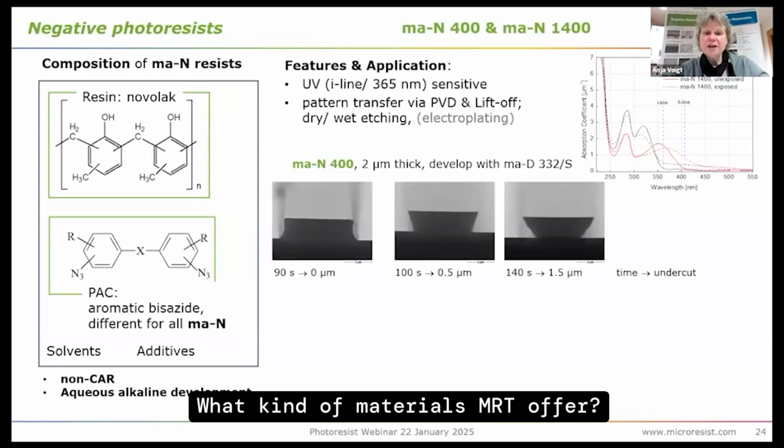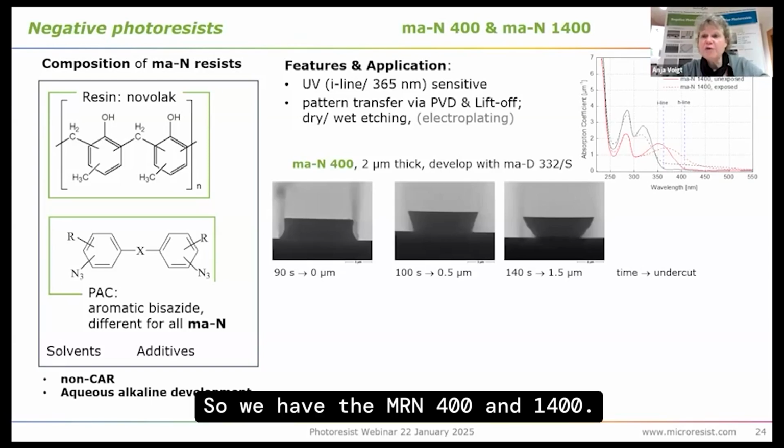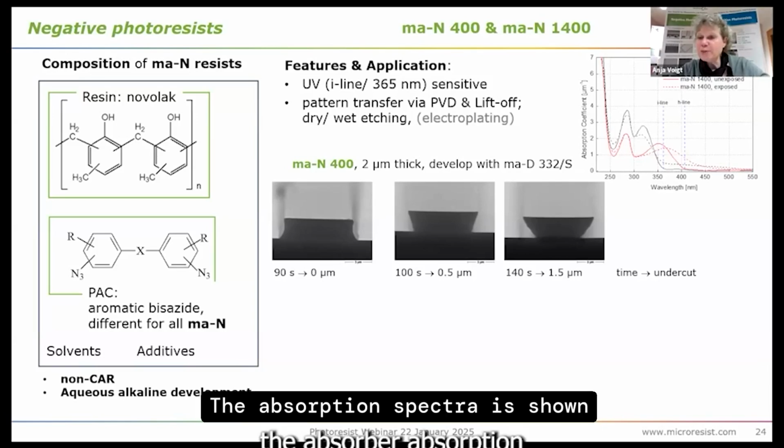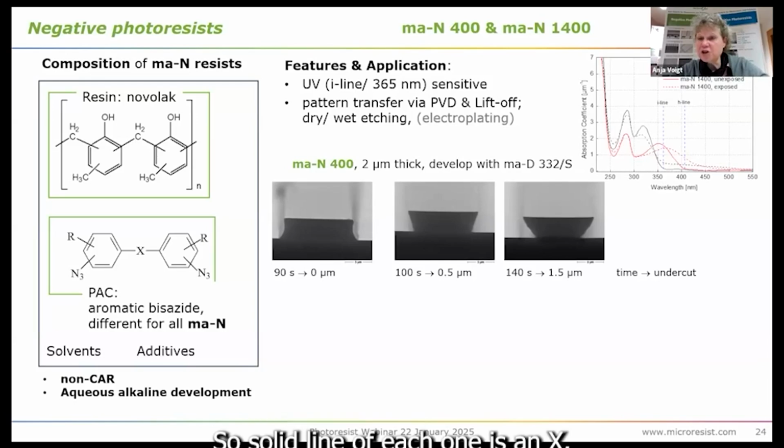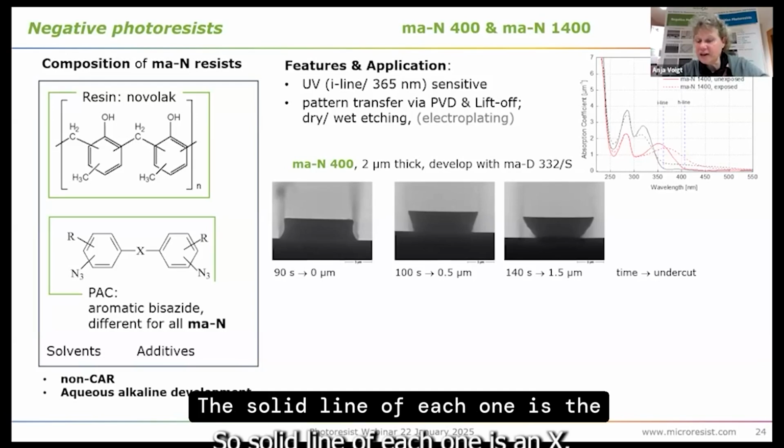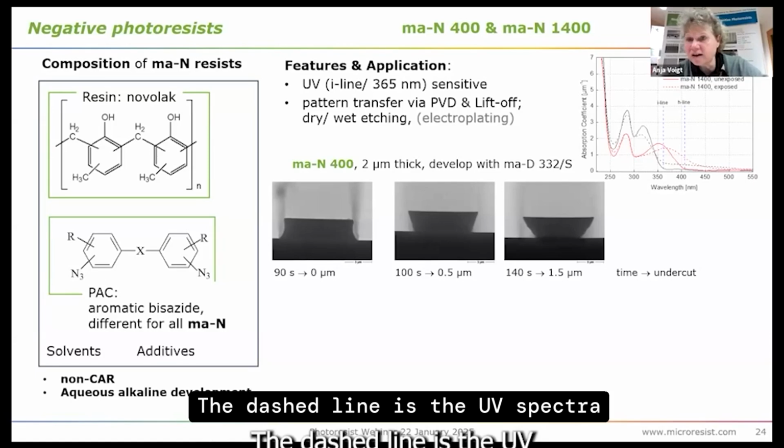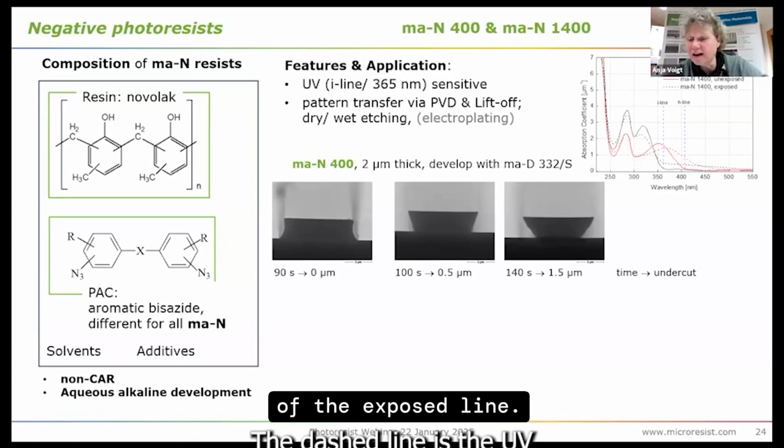What kind of materials does MRT offer? So we have the MRN 400 and 1400. The absorption spectra are shown here on the right side. The solid line of each one is the UV spectrum of the unexposed resist. The dashed line is the UV spectrum of the exposed resist.